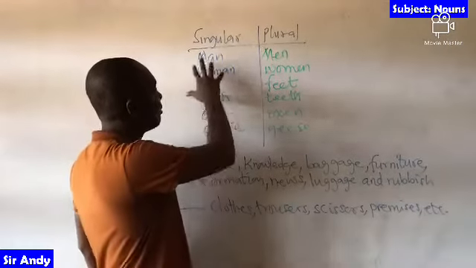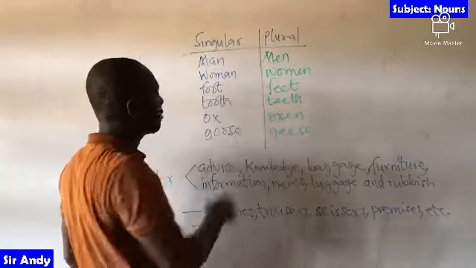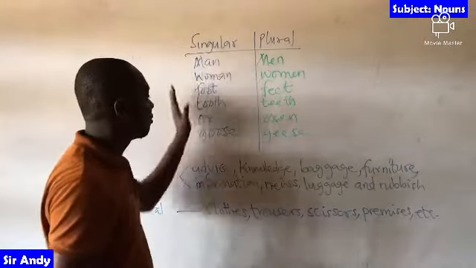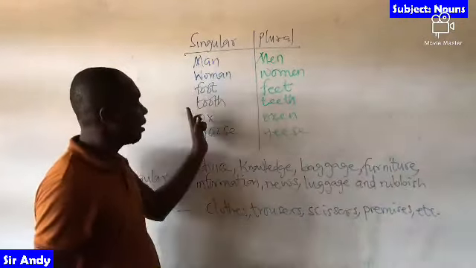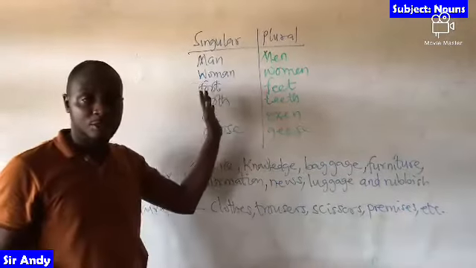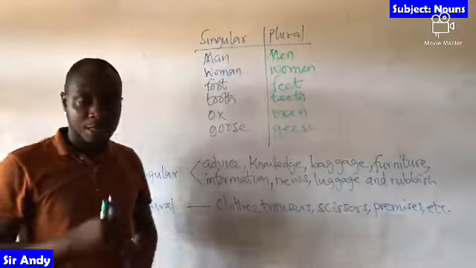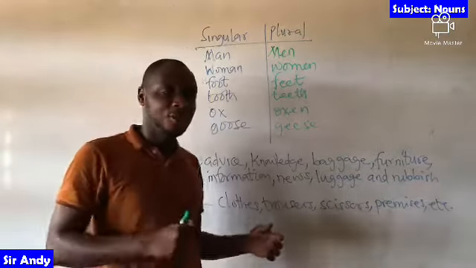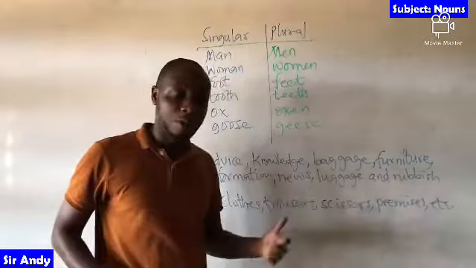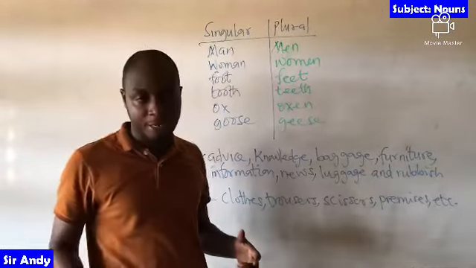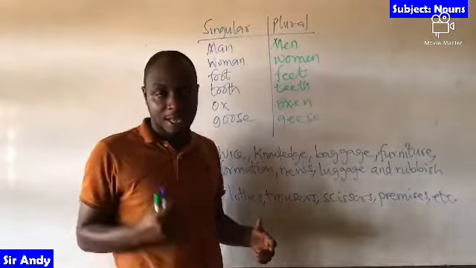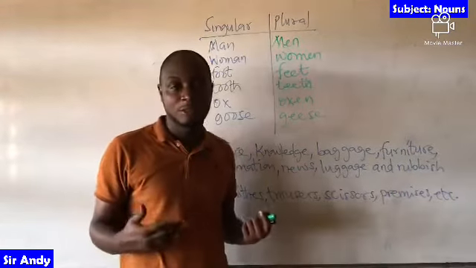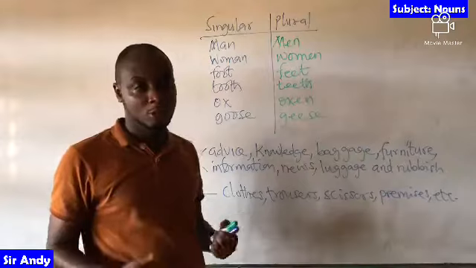So these are some of the words which have their plural forms as this, right? And then you should imbibe this. You should memorize them and know how they are. So when you are writing, you know that this is the plural form of this particular word, and this is what I really want to express myself. And when you do that, people are really going to appreciate you as you write and then you also speak.